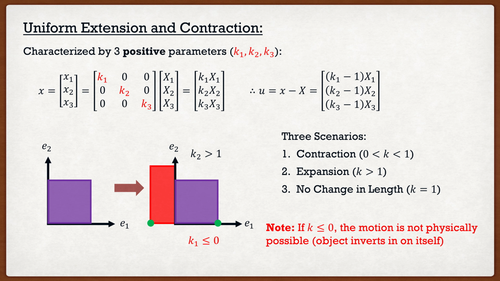If you don't really care about that and you want your buildings to invert upon themselves, by all means go ahead. But for this particular course, we're going to be focused mainly on things that are physically possible. All right, so again, this was probably the easiest example, uniform extension and contraction. But we have a second one, which is shear.